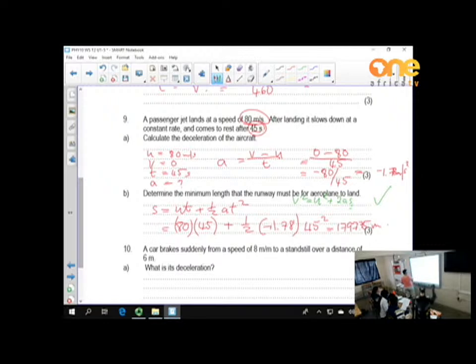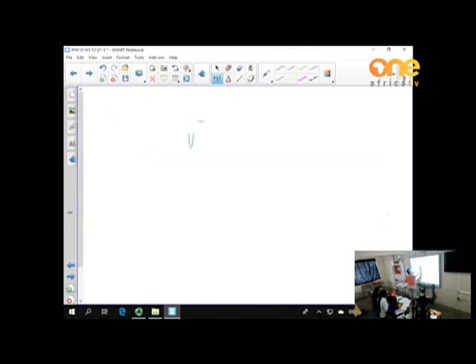Okay, I'm going to add a page. So we will say V squared equals U squared plus 2AS. Now V squared was given to us as, what is V? V is equal to 0. U was equal to 80.